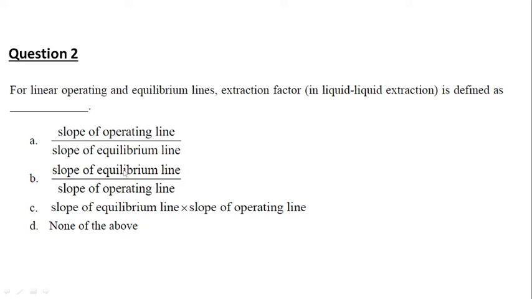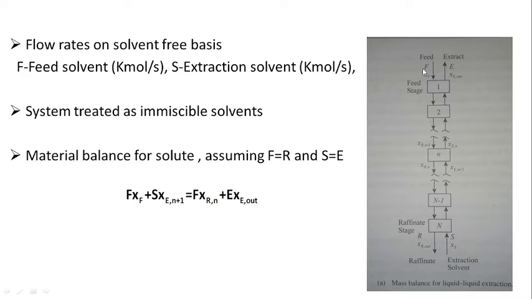So let us consider a counter current extractor where the feed is entering the first extractor and the solvent is entering in the end stage of the extractor. We have obtained the extract as E, with concentration XE out, and the raffinate is leaving at XR out.